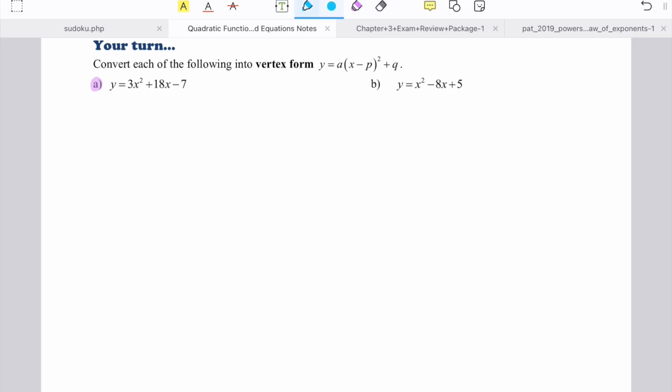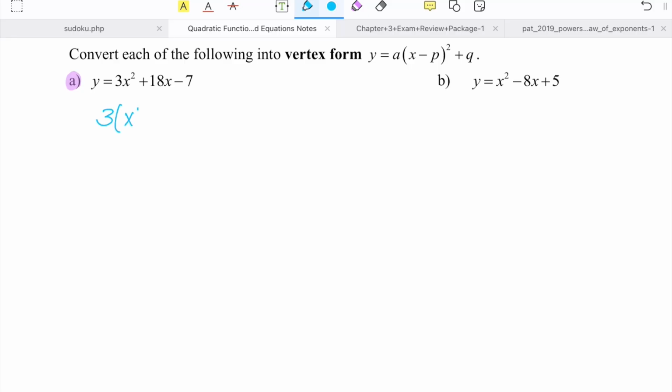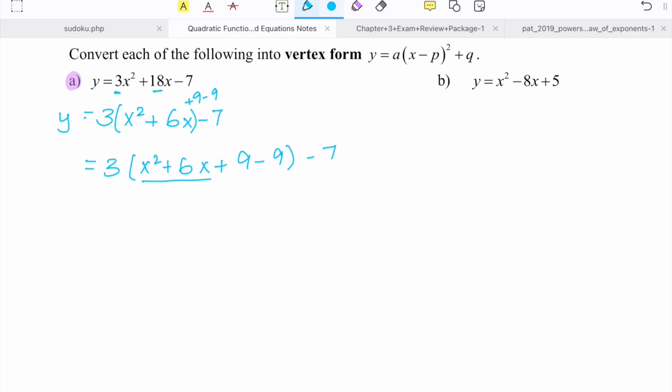So when we factor, it is 3x squared plus 6x minus 7, because the greatest common factor of 3 and 18 is 3. Now you divide 6 by 2, which gives you 3. 3 squared is 9, so you add and subtract 9. 3x squared plus 6x plus 9 minus 9 minus 7. This will give you a perfect square trinomial, but you'll have to factor out the negative 9.